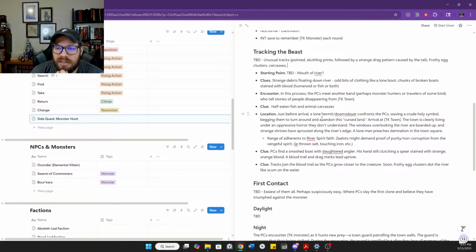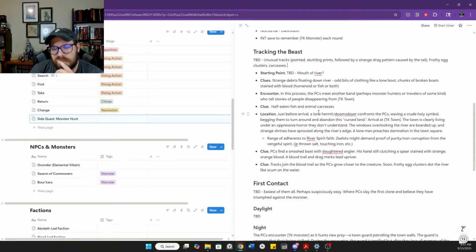Well, maybe it does. What I was going to say is the people of this town don't remember this monster, right? We talked about that, they have no memory of it. They just believe that effectively they're being punished for some sort of divine transgression, and that the characters are getting their starting point from the monster hunter.